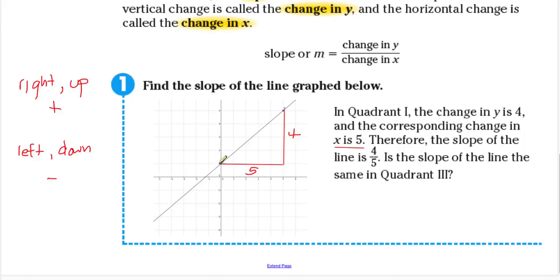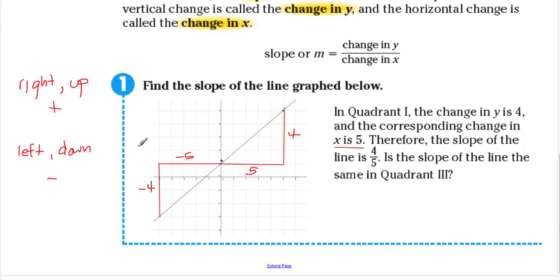1, 2, 3, 4, 5. That's a negative 5 change because we move to the left. Then 1, 2, 3, 4. That's our right triangle right here, and that's a negative 4 change because we move down.